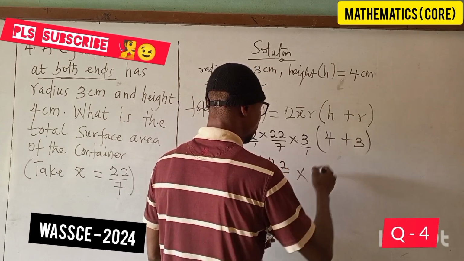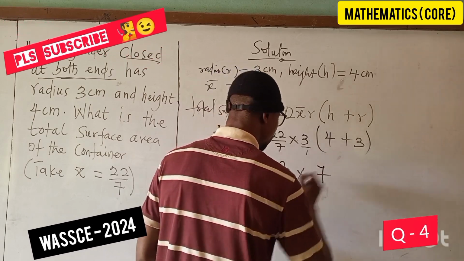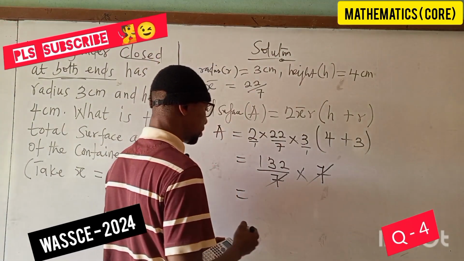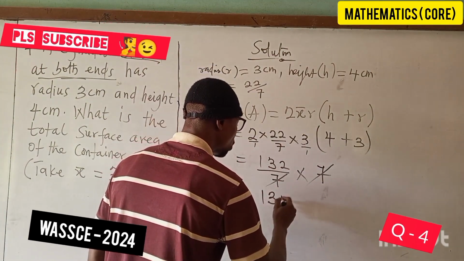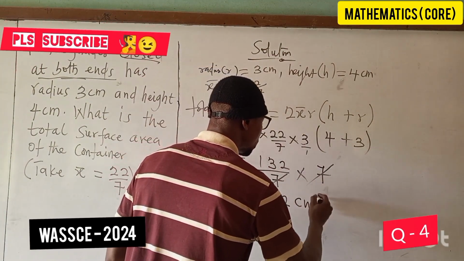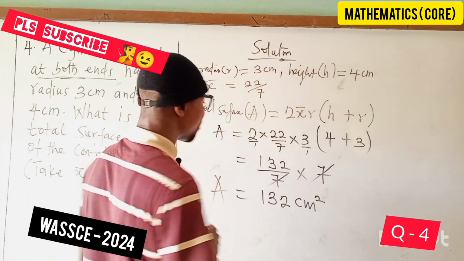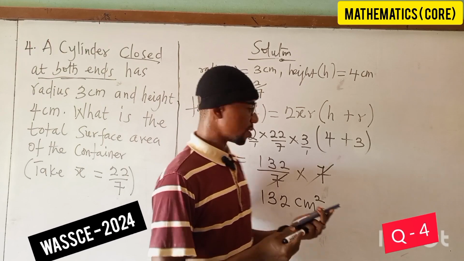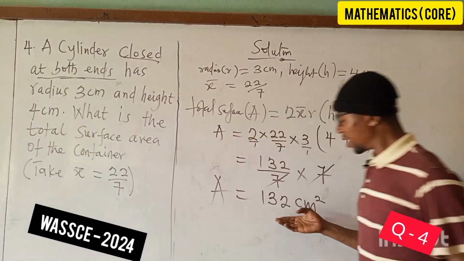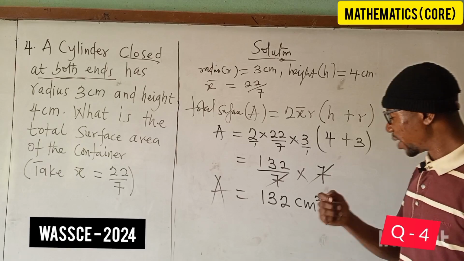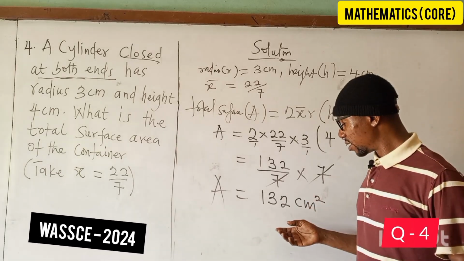So 4 plus 3 is 7, and we have this 7 cancelling this 7. At the end, we have 132 centimeters squared as the total surface area of the cylinder mentioned in the question. So this is the answer. It may be your A, B, C, or D, depending on the paper you are having at your disposal.